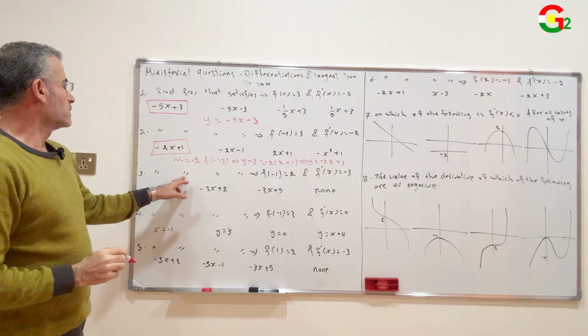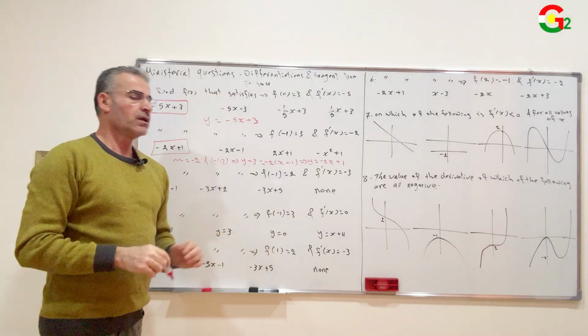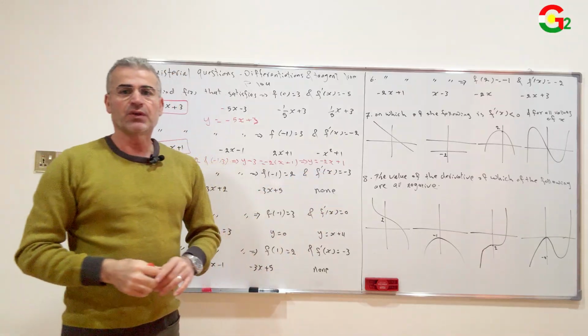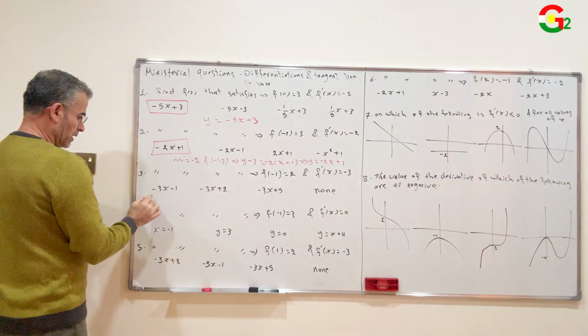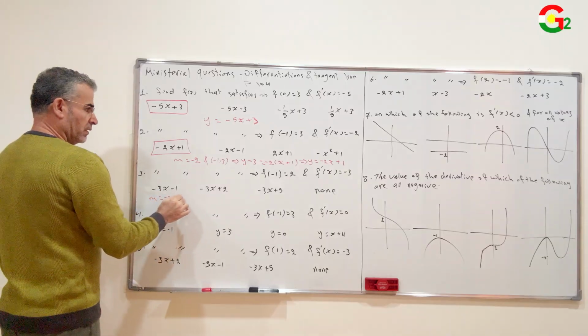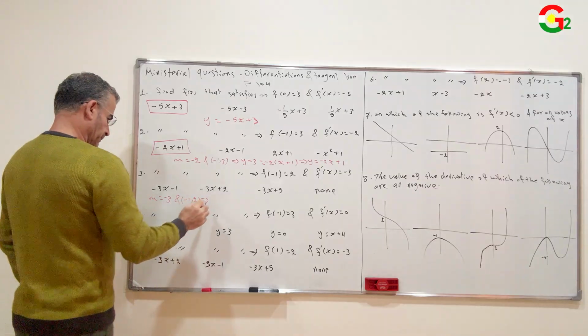Find f of x that satisfies f of negative 1 equal 2 and the derivative of the function is negative 3. Negative 3 is constant, then the function is linear with a slope of negative 3 and the point (negative 1, 2) lies on the line.